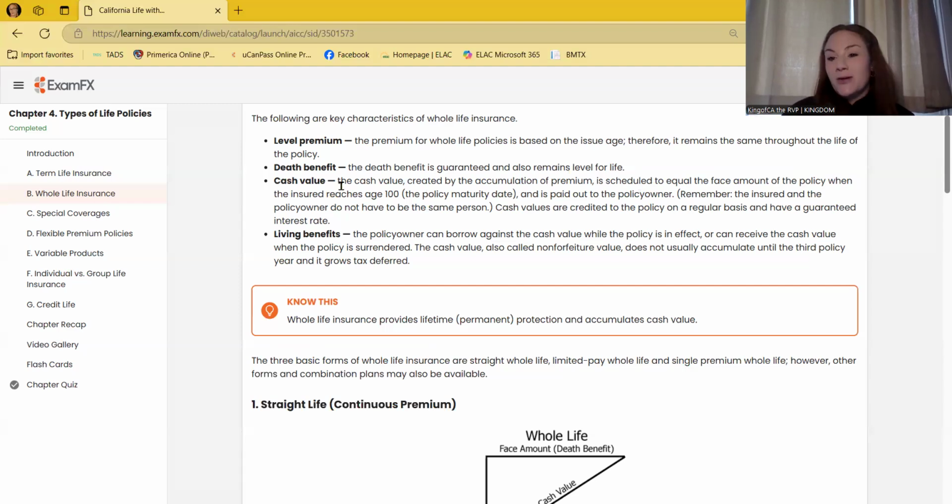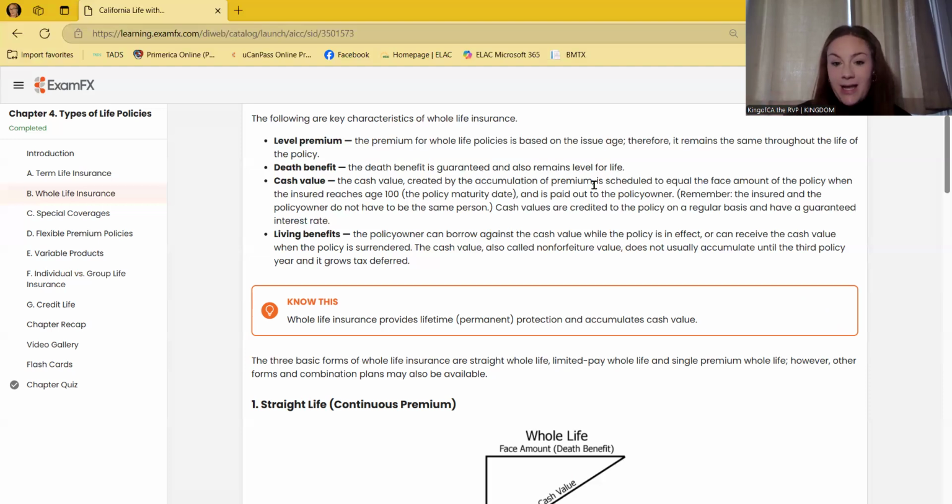Next is cash value. All whole life policies have cash value. All universal life policies, indexed universal life policies, have cash value tied to them. Okay, term has no cash value. Whole life has cash value. Okay, the cash value created by the accumulation of premium, meaning the amount of premiums paid, right, is scheduled to equal the face amount of the policy when the insured reaches age 100.